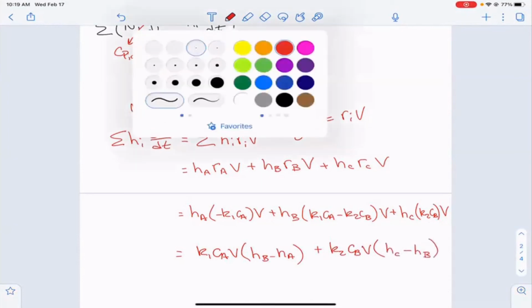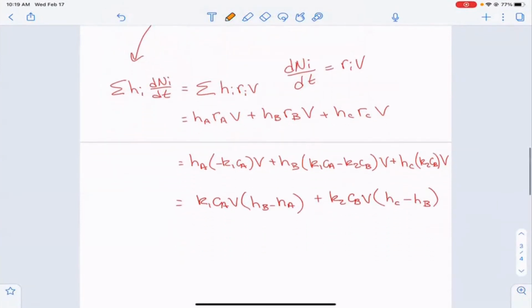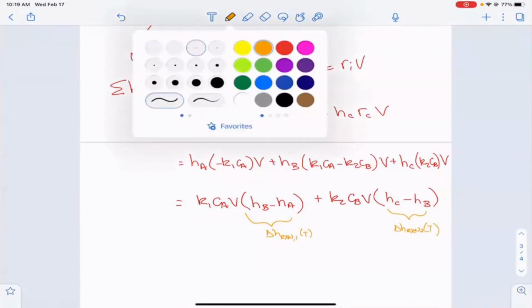And if you look at this, the enthalpy of B minus the enthalpy of A is just delta H for reaction 1 at our temperature. And this is just delta H for reaction 2 at our temperature.